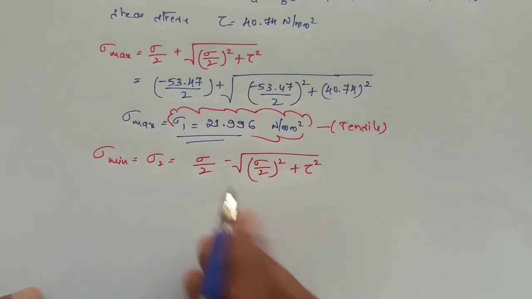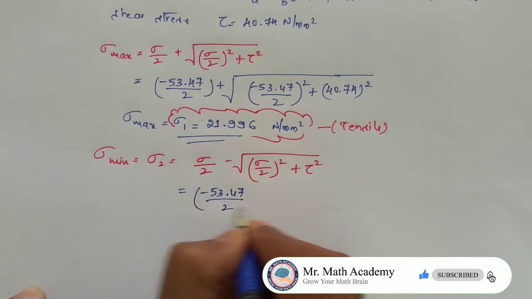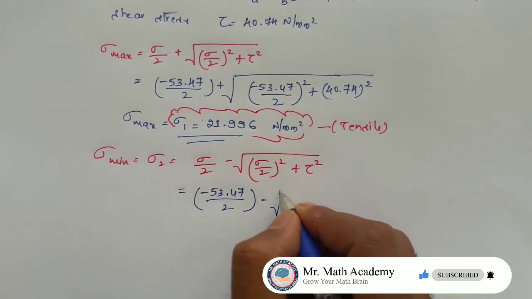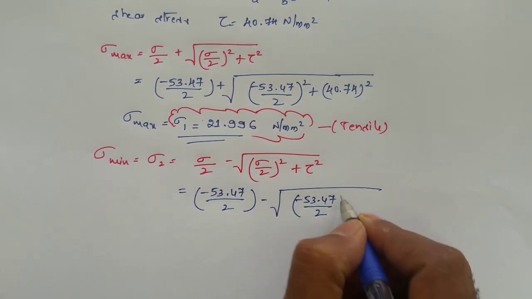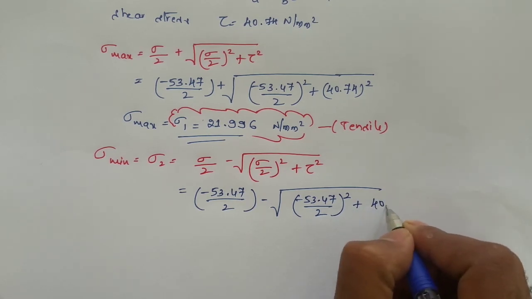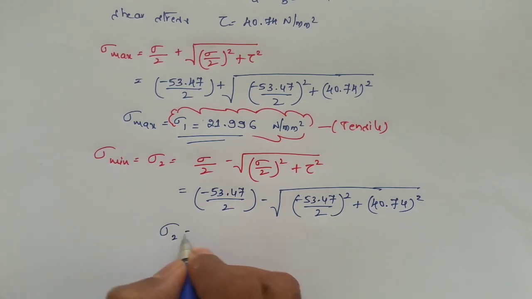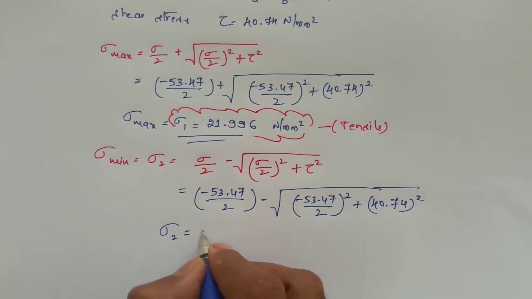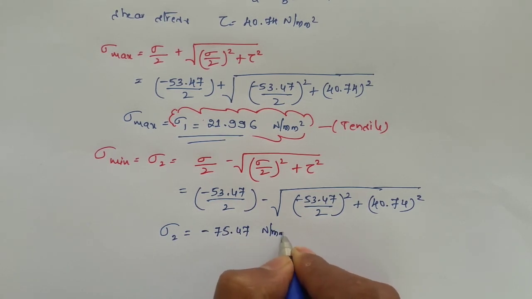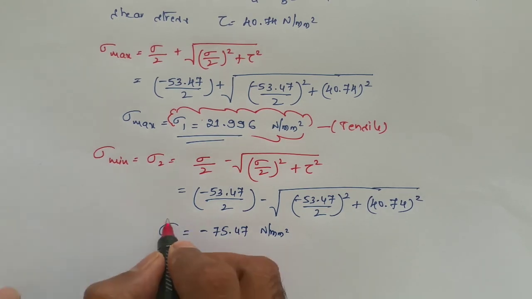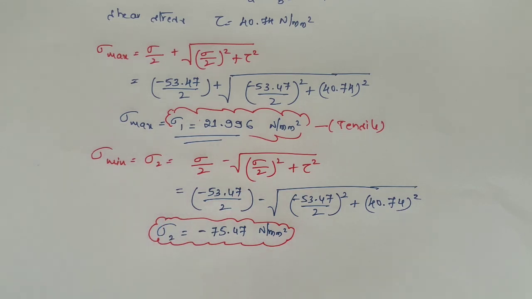Substituting, minus 53.47 by 2 minus the square root of (minus 53.47 by 2) whole square plus (40.74) square. We simplify this and the minimum stress I am getting is minus 75.47 Newton per mm square. This is the value of the minimum principal stress at the critical point B.